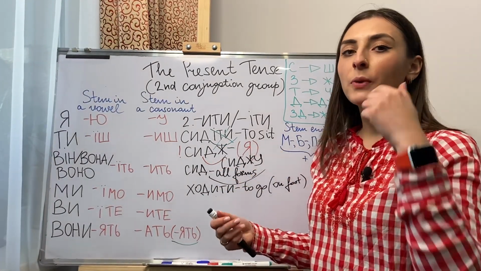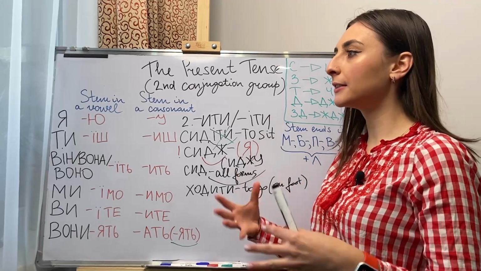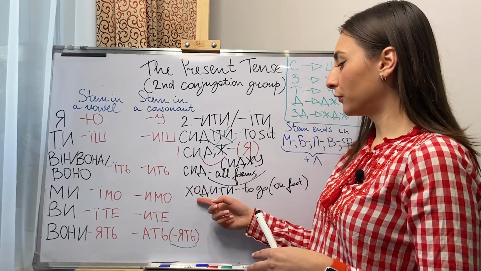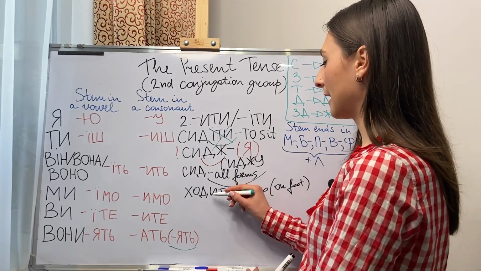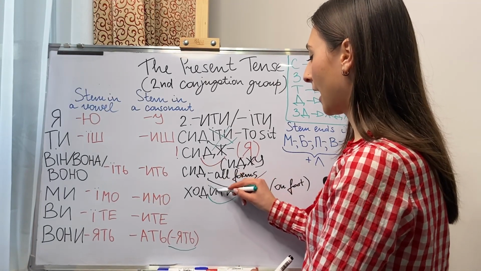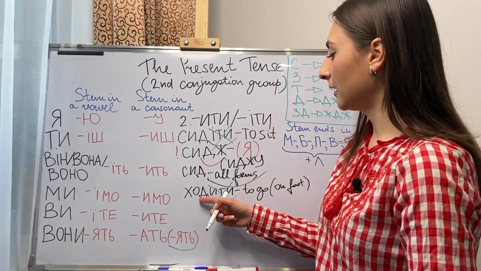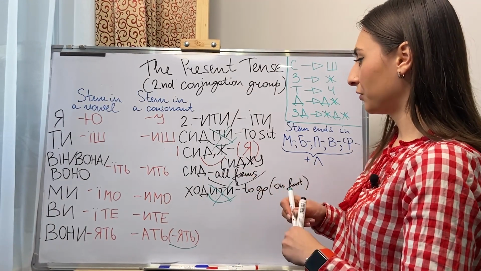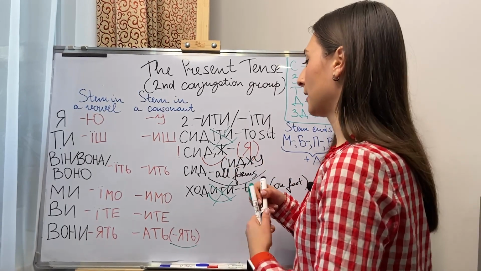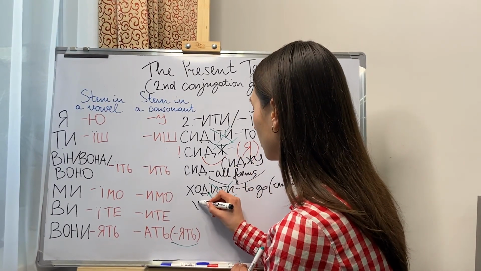You can't use it when you go by means of a vehicle, only on foot. So again, we have here the ending iti. We have to drop it. Again, we have here this d as here, and we have to add this j. Yes, ходжу.